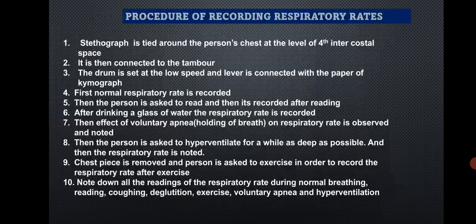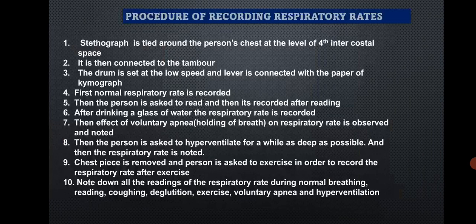Now first we will be recording the normal respiratory rate, and then we will ask the person to read something so that we could observe the effect of reading on normal respiratory rate, and then we note down the reading. After that we will ask the person to drink a glass of water so that we could note down the respiratory rate after the effect of deglutition, which means swallowing something.